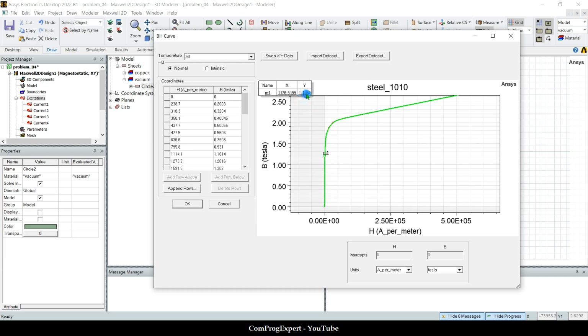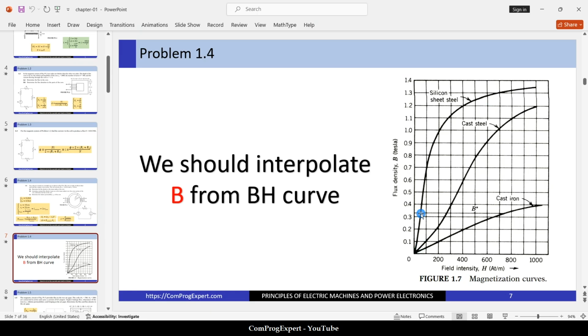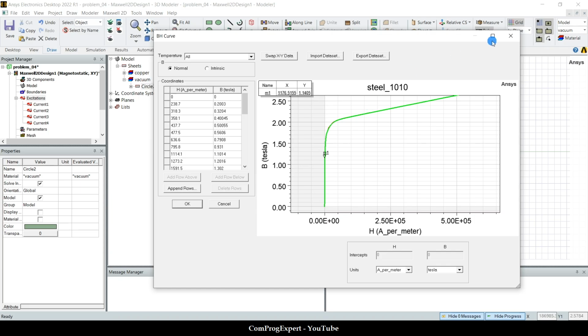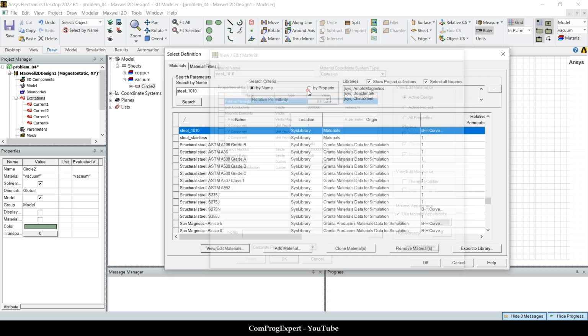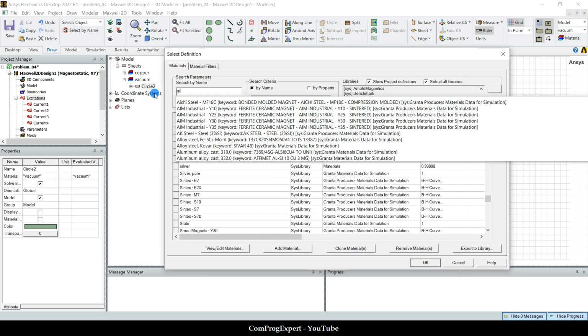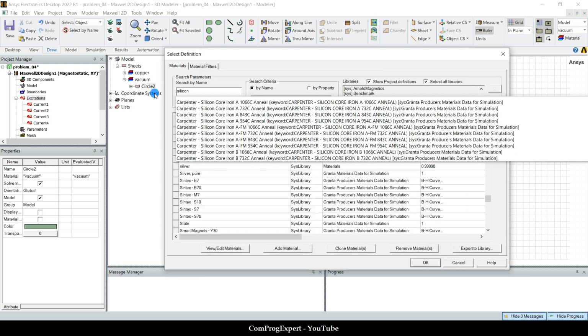So if we need to get 1.1 Tesla, the value of H should be this one. The unit is ampere per meter. So this is not close to this material that we have here. I'm going to select another material. So let's search silicon iron core.